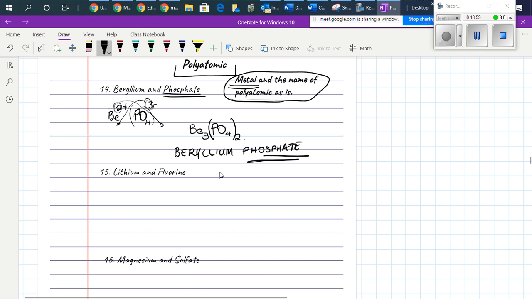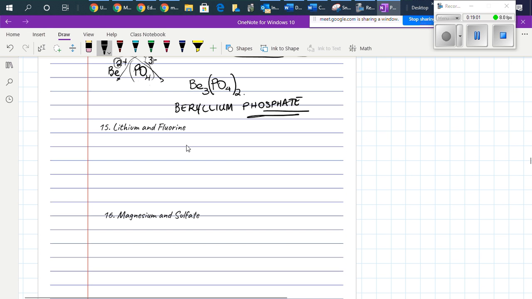So lithium and fluorine. Okay, this is not fluorine. Let's change it into a polyatomic. Let's say dichromate. Fluorine is an element in the periodic table, not a polyatomic. So let's say now that we have lithium and dichromate.